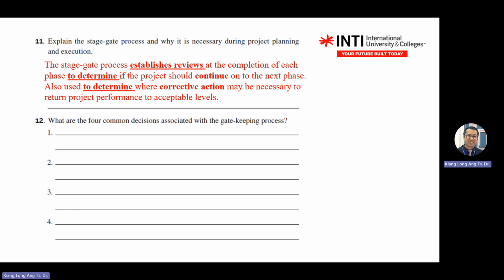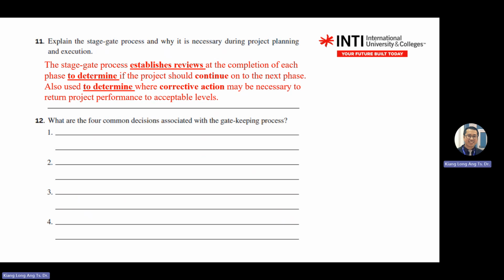You change some plan there. Number 3, the third decision is you need to hold the decision. Why? Because the changes are so big, you need to collect information. So the third decision is on hold and get more information.